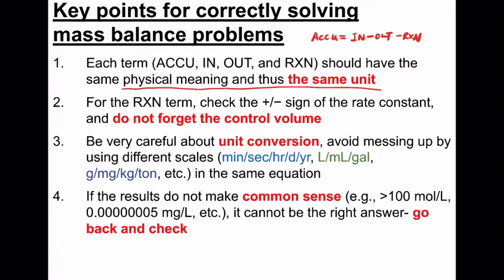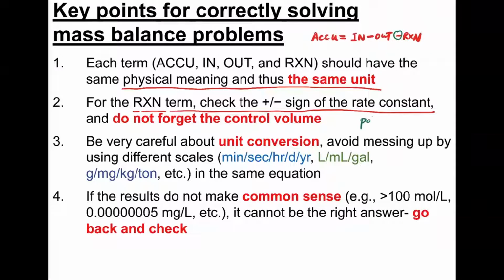For the reaction term, we need to check whether the sign is positive or negative. If the reactant is reducing, then we should use a negative sign. But if the reactant is getting produced, then we need to use the positive sign. But generally for pollutants, we're going to use a negative sign because we're treating the water quality, right?